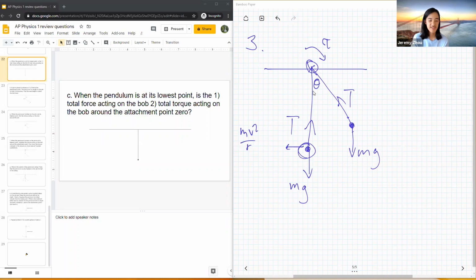It's like a simple harmonic oscillator. In the middle at the equilibrium point, it doesn't have a tendency to move in either direction. But when it moves away, it will come back. Any questions about this?